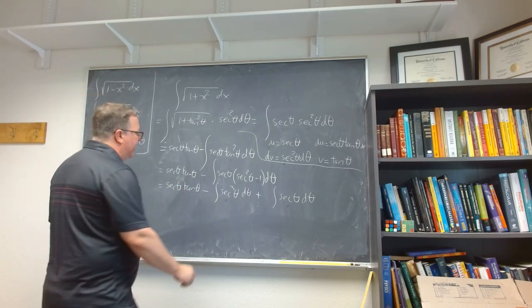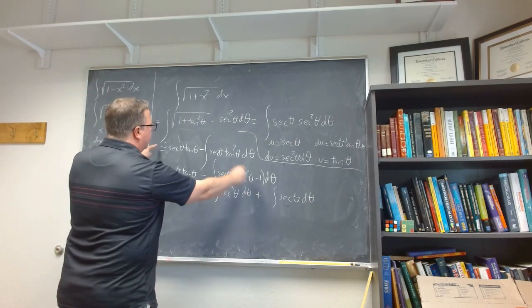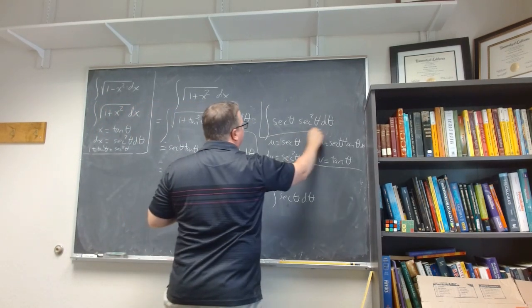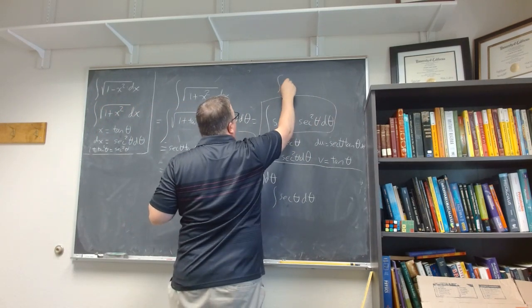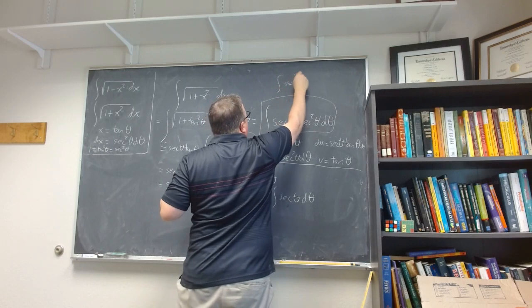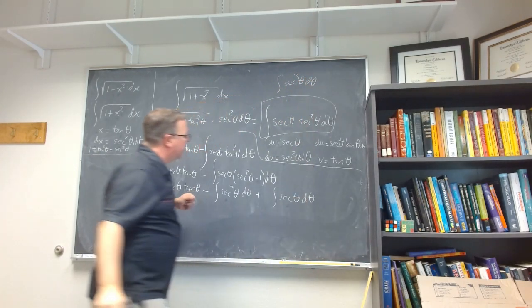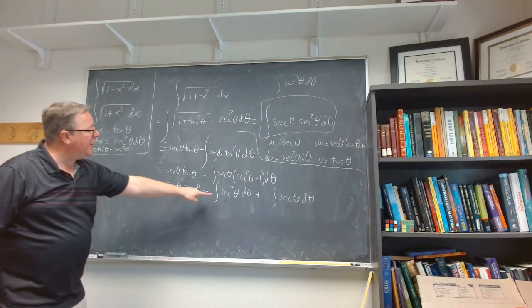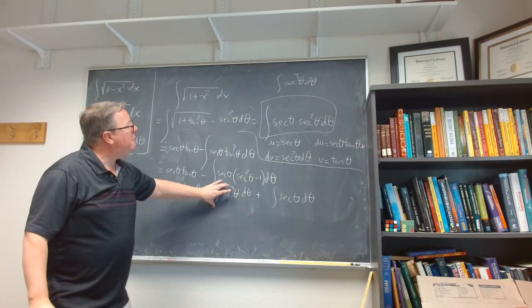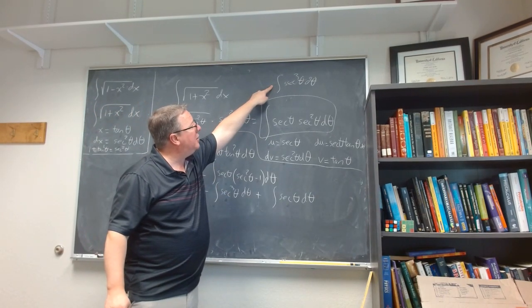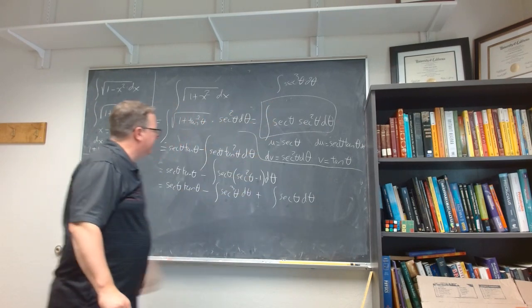Remember, all of this equals this thing, which is the integral of secant cubed of theta d theta. That means that I can move this one back to this side of the expression and I just have two of these.